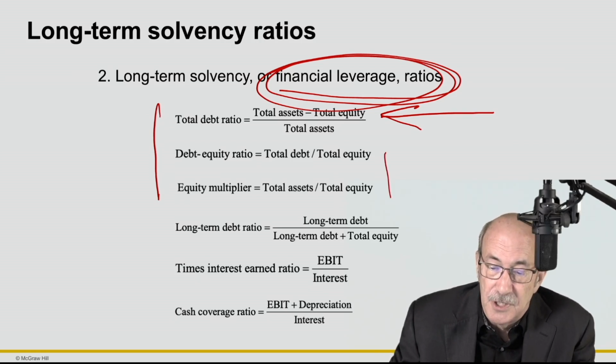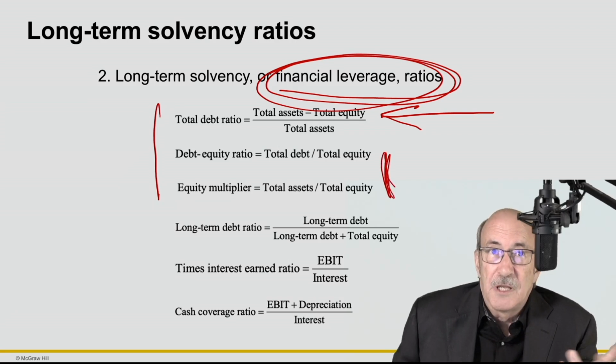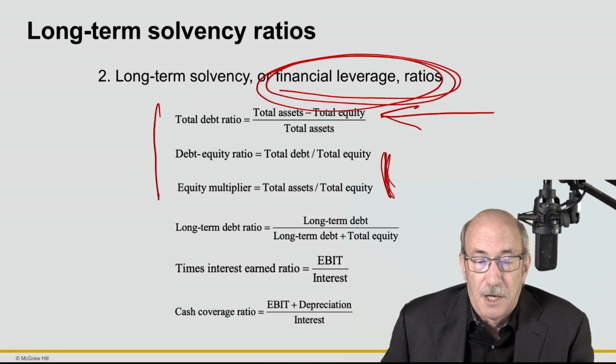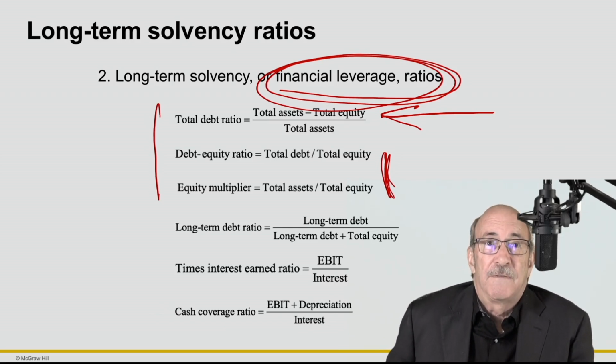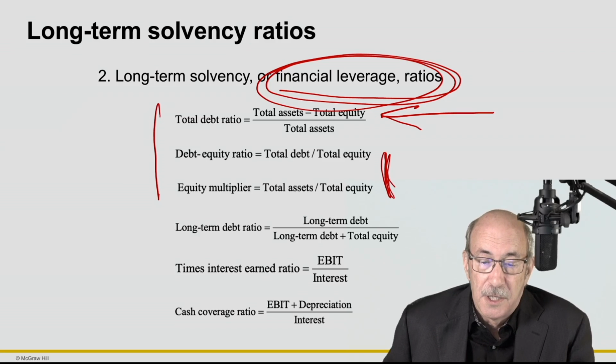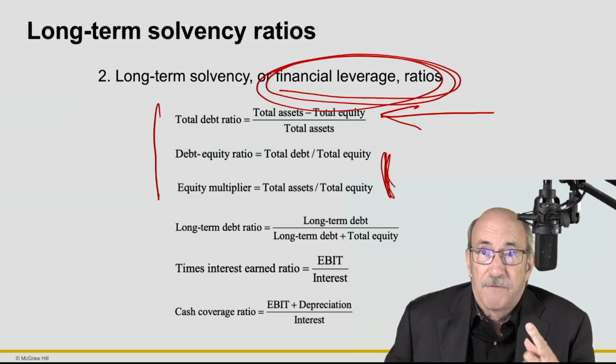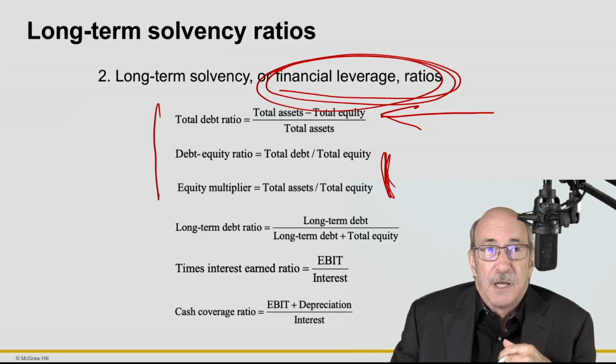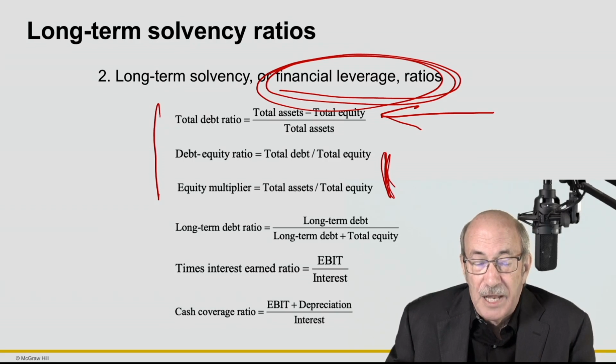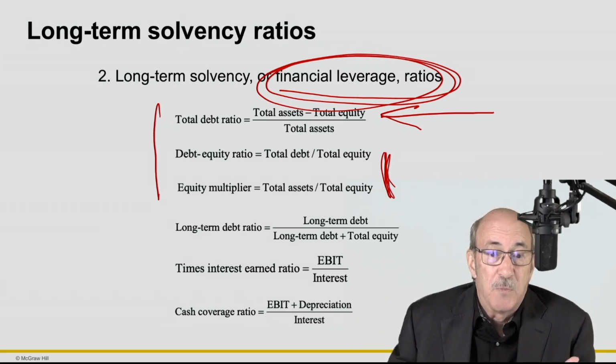However, these other two really have the same meanings, right? Whether we're looking at total debt to equity, so 50% would be 1 to 1, $1 of debt for every dollar of equity, and so forth. Total assets over equity, the equity multiplier.